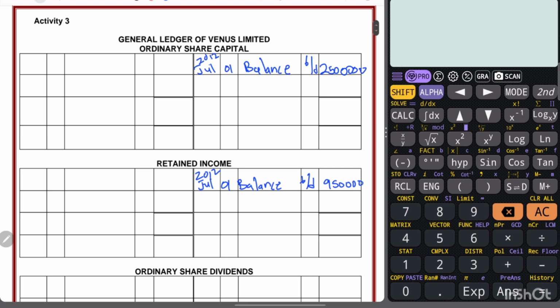And when we talk about retained income, we must always close it off to the appropriation account. We close it off to the appropriation account as general, as 950,000.